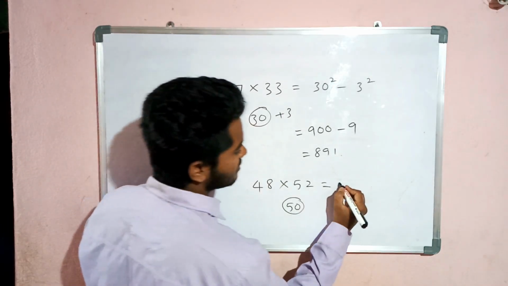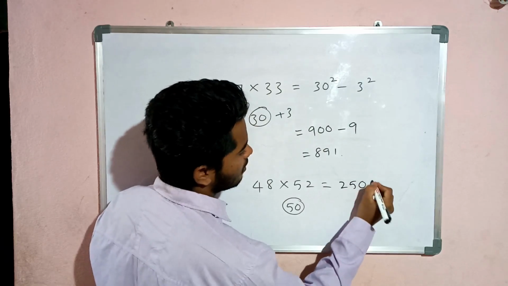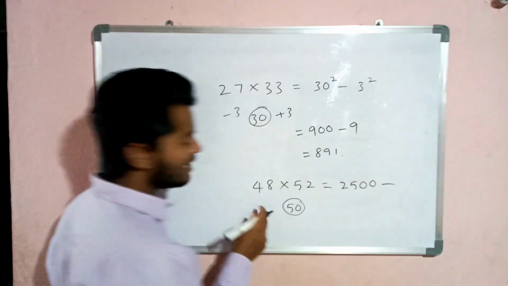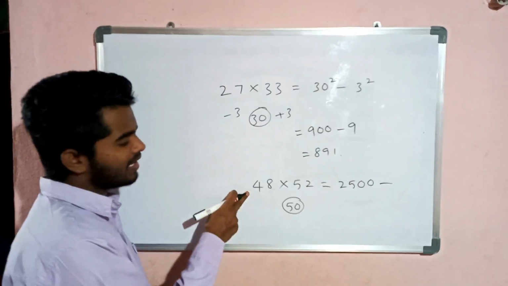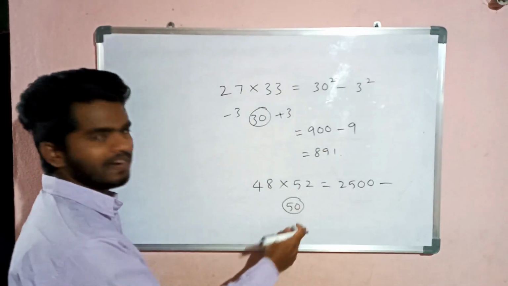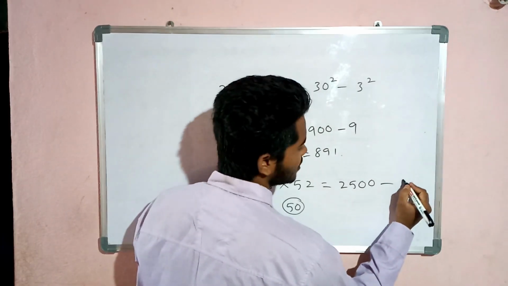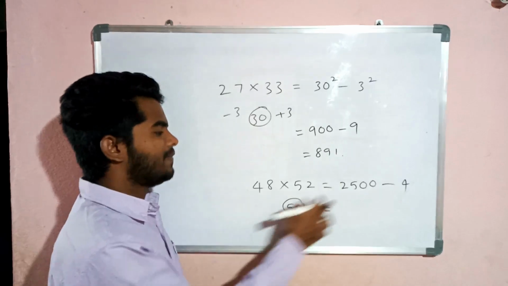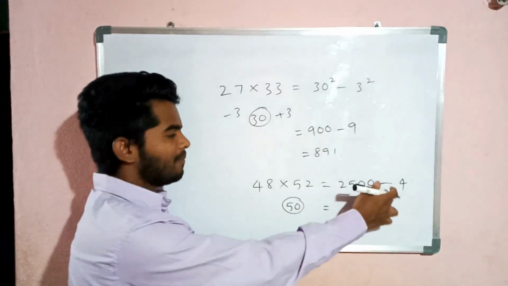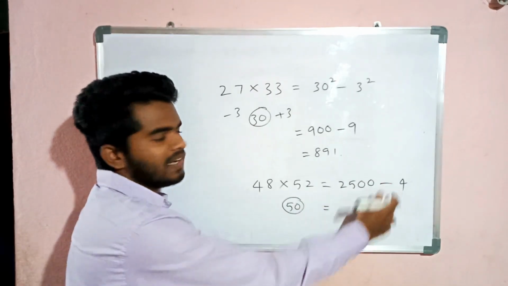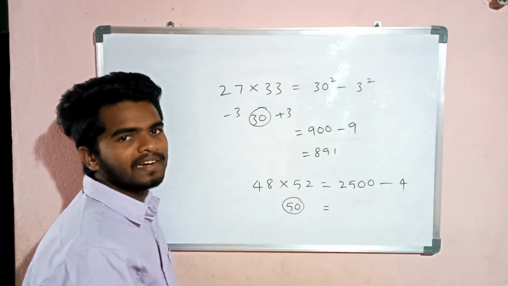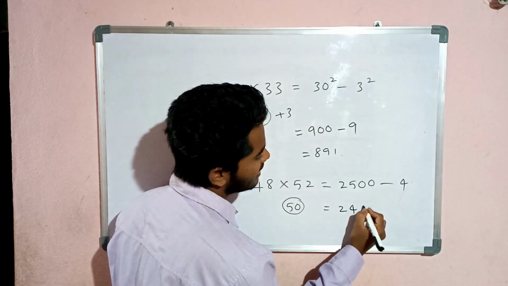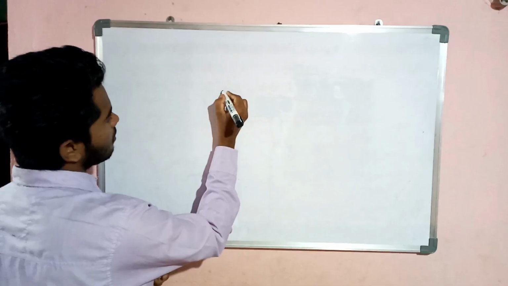So 50 square is 2500, minus the difference square. The difference is 2, and 2 square is 4. 2500 minus 4 is 2496.